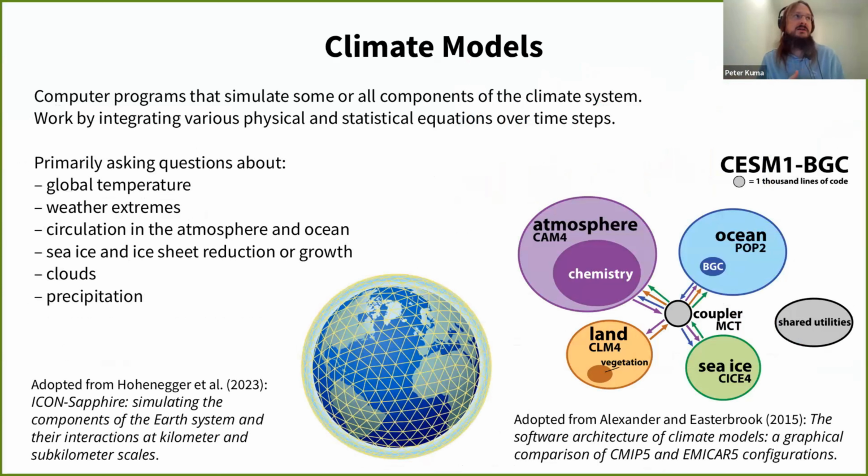And a global climate model basically divides the Earth into some kind of a mesh, and on the mesh it calculates, using Newton's laws applied to fluids, the flow in the atmosphere and in the ocean. And it also simulates various other effects like clouds, the cryosphere, land, and so on.